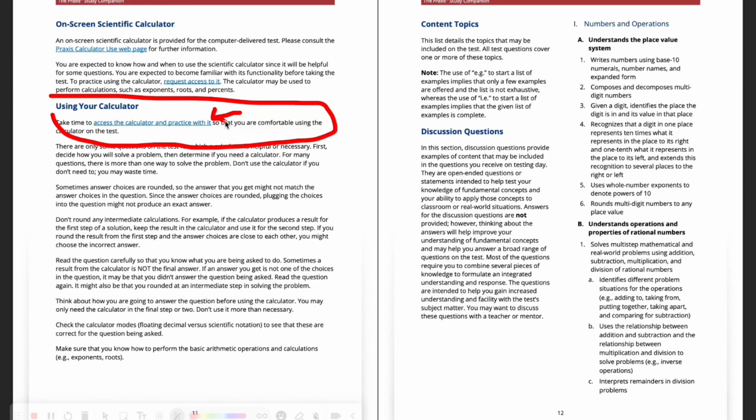Access this calculator and play around with it. Play with some numbers to make sure that you are familiar with it and that you know how to use it, right? So we want to make sure that we are thoroughly going through these study companions and utilizing the great resources that are in place by the creators of this exam to help you pass it.